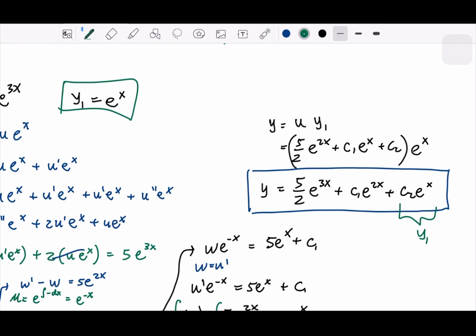This having two constants. So this is y2. Remember the structure, like I think last week? We have a constant function. That will be our yc, the complementary solution. So this will be y2. And this will be yp, okay? The particular solution.